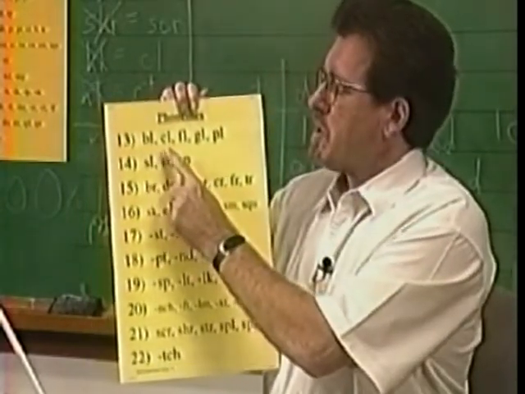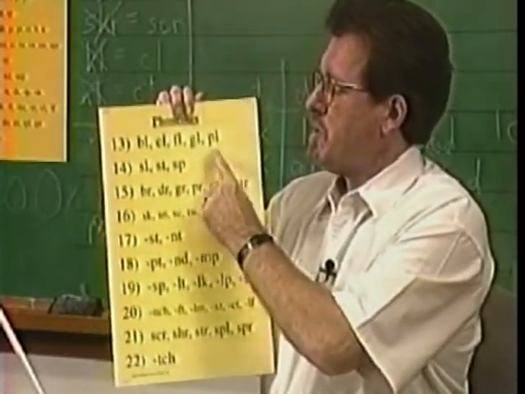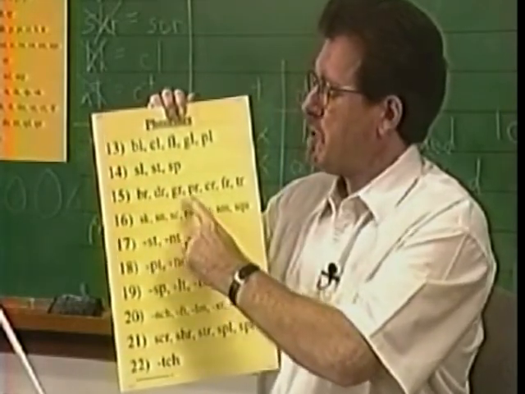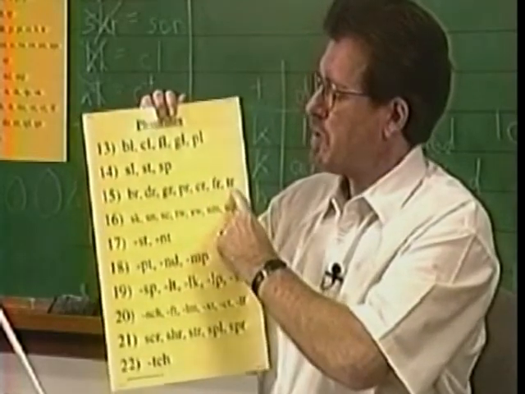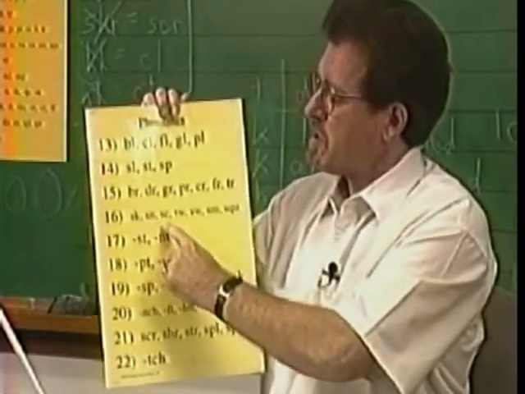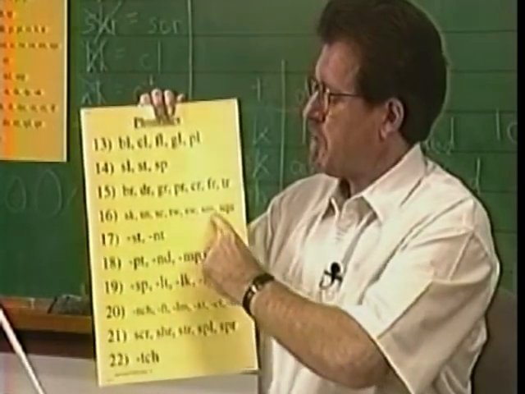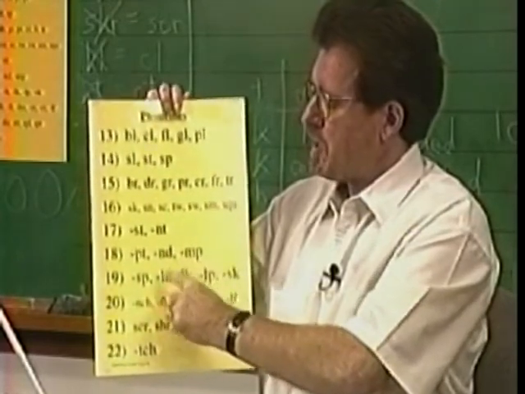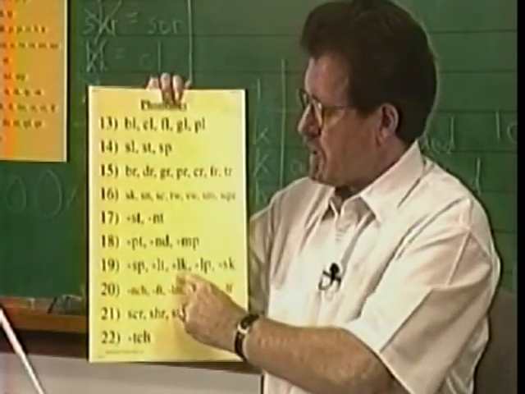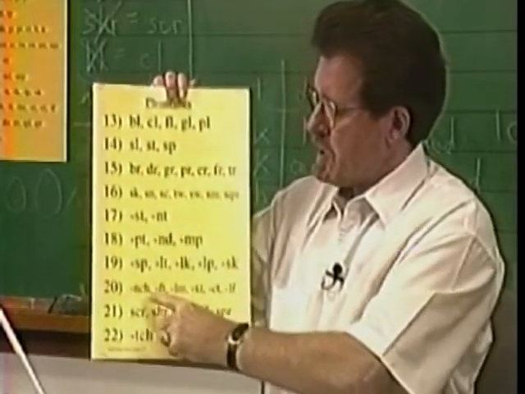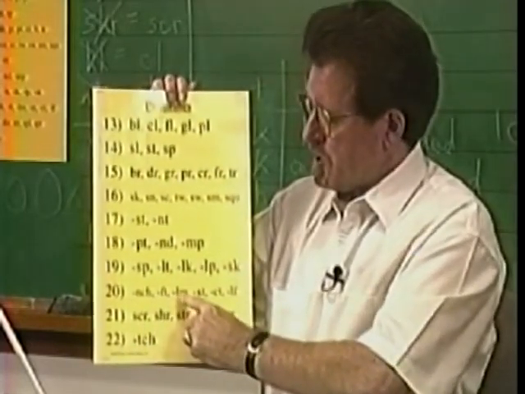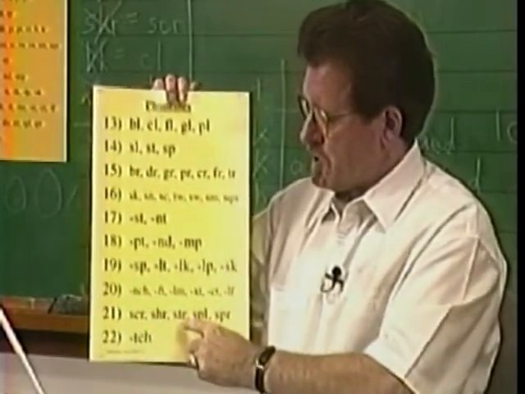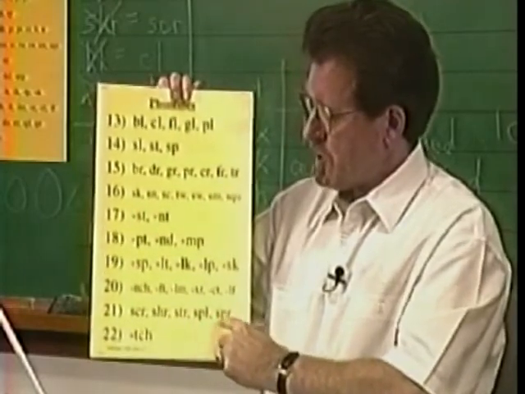So we have bowl, coal, full, goal, pole, soul, st, sp, burr, dur, gur, per, cur, fur, tur, sk, sn, sk, twa, swa, sm, squa, st, nt, pt, nd, mp, sp, olt, olk, ulp, sk, nch, ft, olm, kst, kt, ulf, skr, shur, stir, spol, spur, and ch.